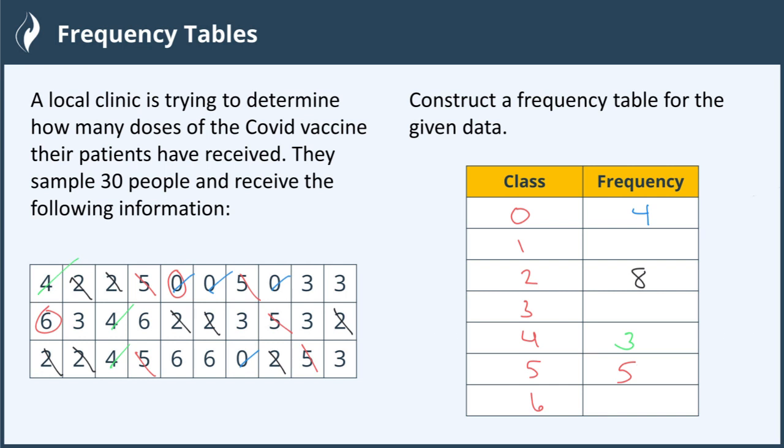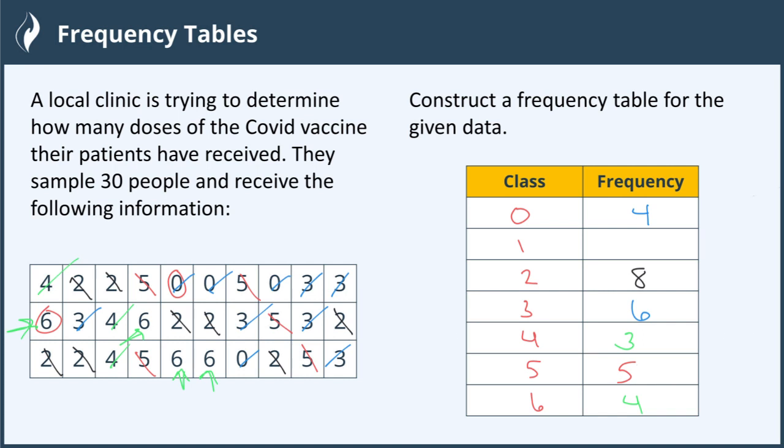And next one I see is the 3. 1, 2, 3, 4, 5, 6 people had 3 shots. And then finally, we have our 6. So I have 1, 2, 3, 4. 4 people had 6 shots.